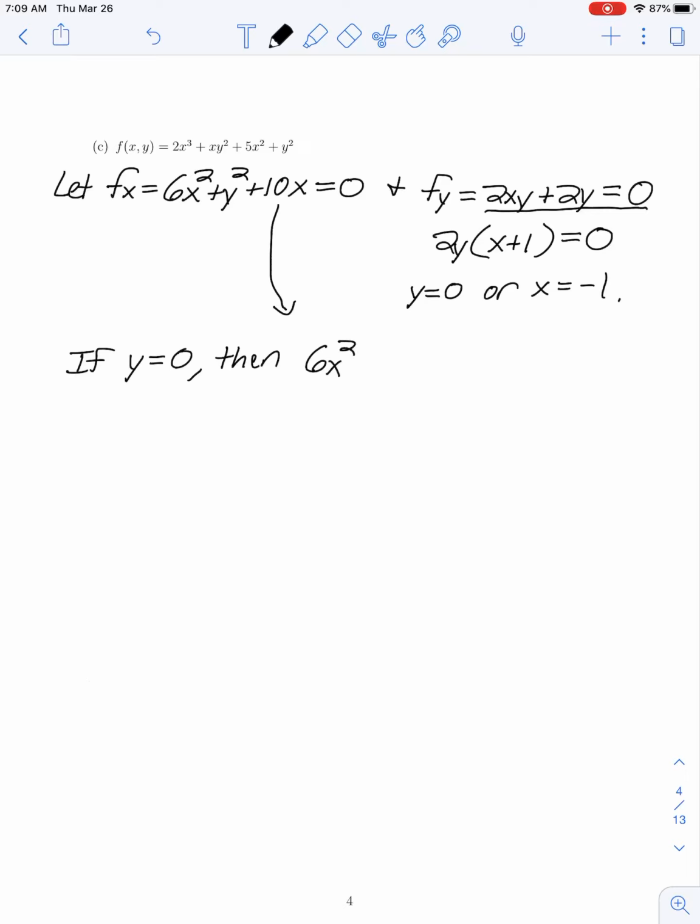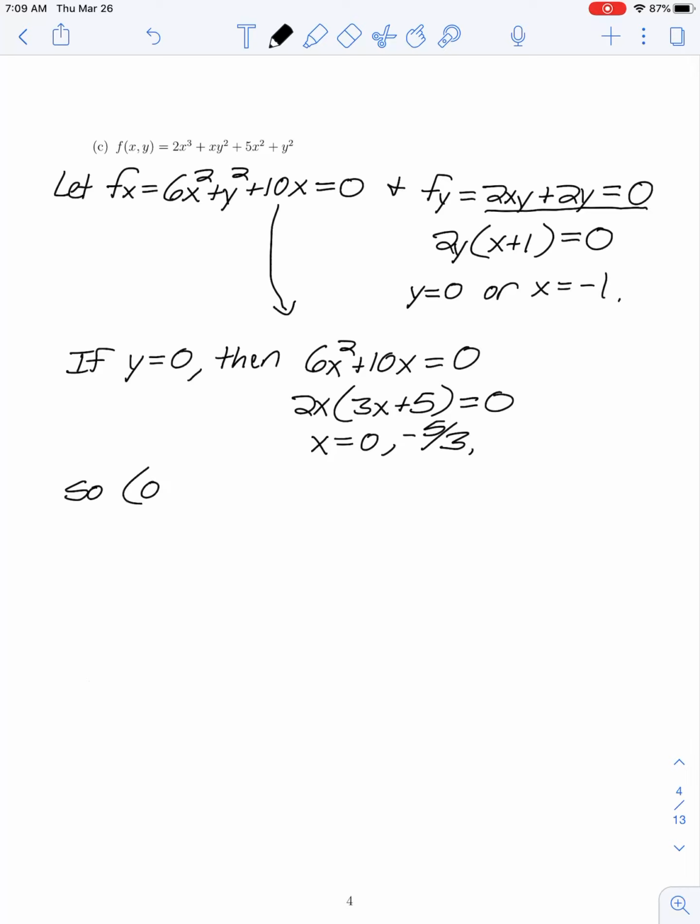Looking at my first equation, if I set y equal to 0, I find that 6x squared plus 10x has to equal 0. To solve, I could factor out a 2x from each term. I would be left with 3x plus 5 equals 0. So we've got two cases, either x is 0 or x is negative 5/3.